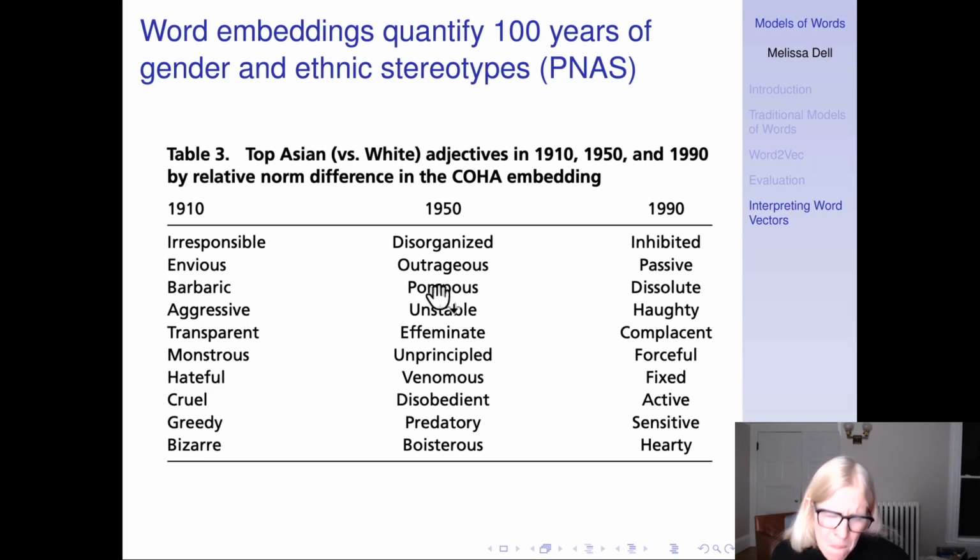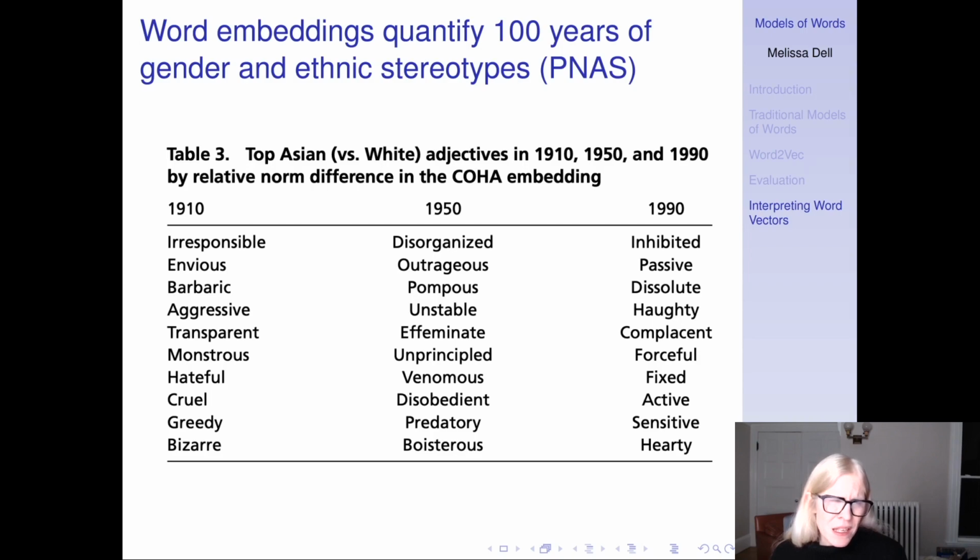They also do something similar to look at Asian stereotypes, which I believe they do by looking at the most common names of Chinese descent versus common white names.